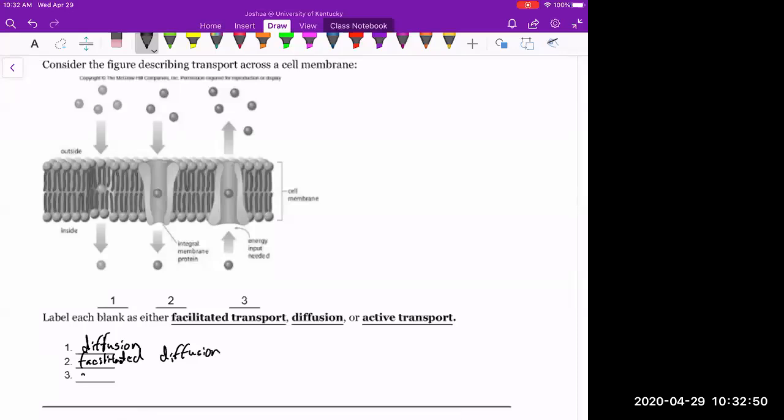And last is active transport. Again, 1 to 5, 1, 2, 3, 4, 5. This is going from low concentration to high concentration. Again, it requires energy. That's active transport.